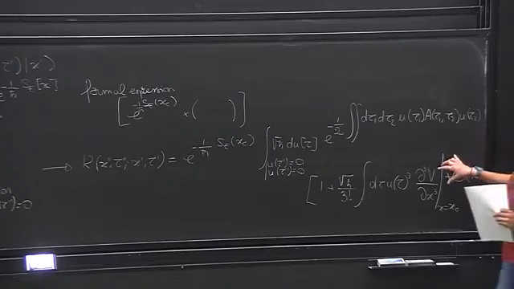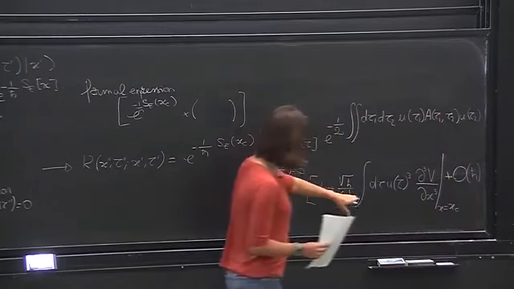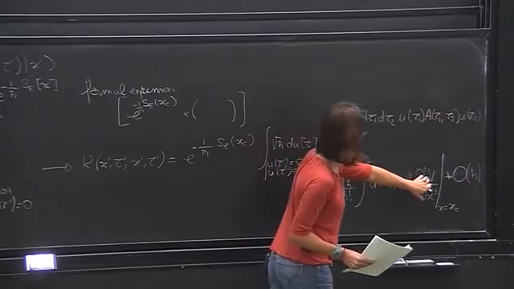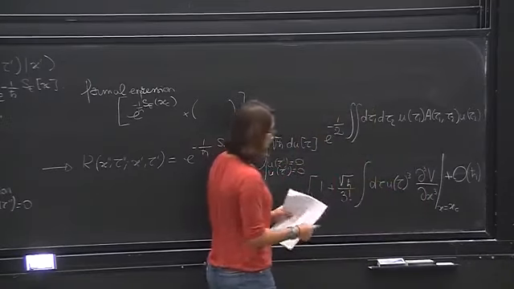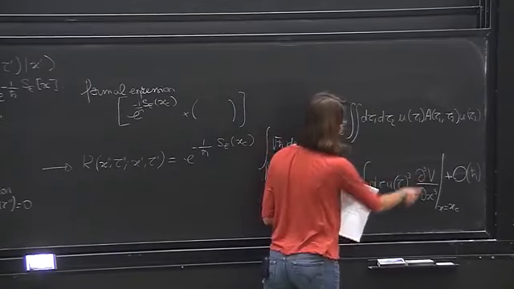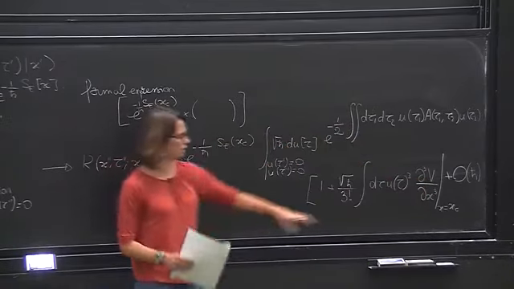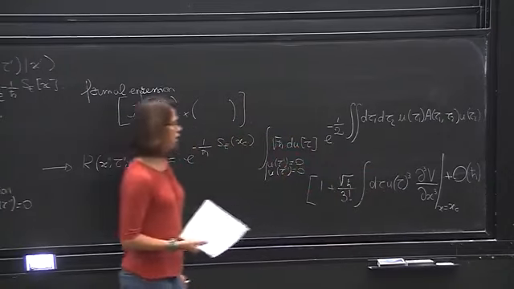So we see that in the correction, the only thing appearing is the potential. For example, we're going to apply that now to the harmonic oscillator, where the potential is just quadratic, so this term is going to disappear.